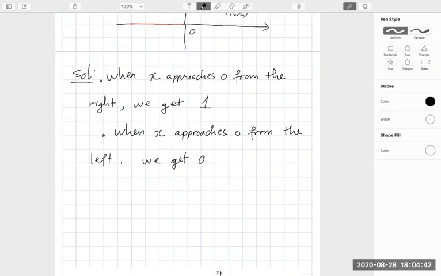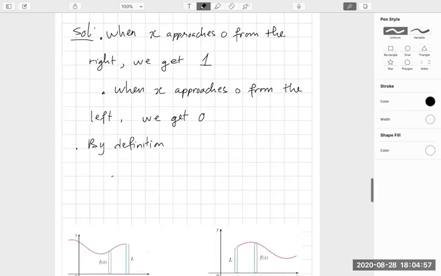So, by definition, the limit of h of x when x goes to 0 does not exist.